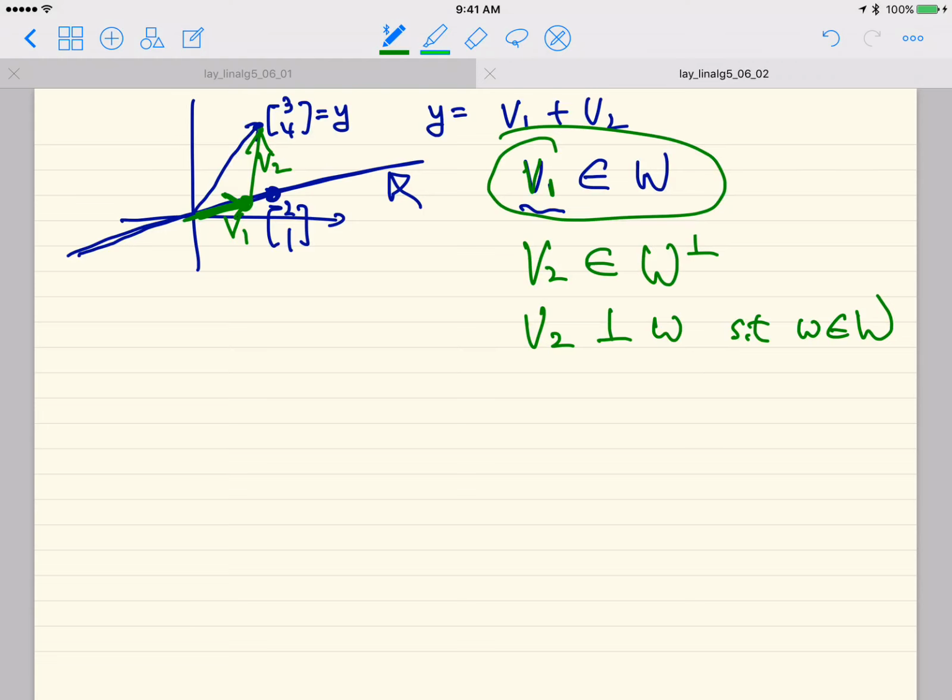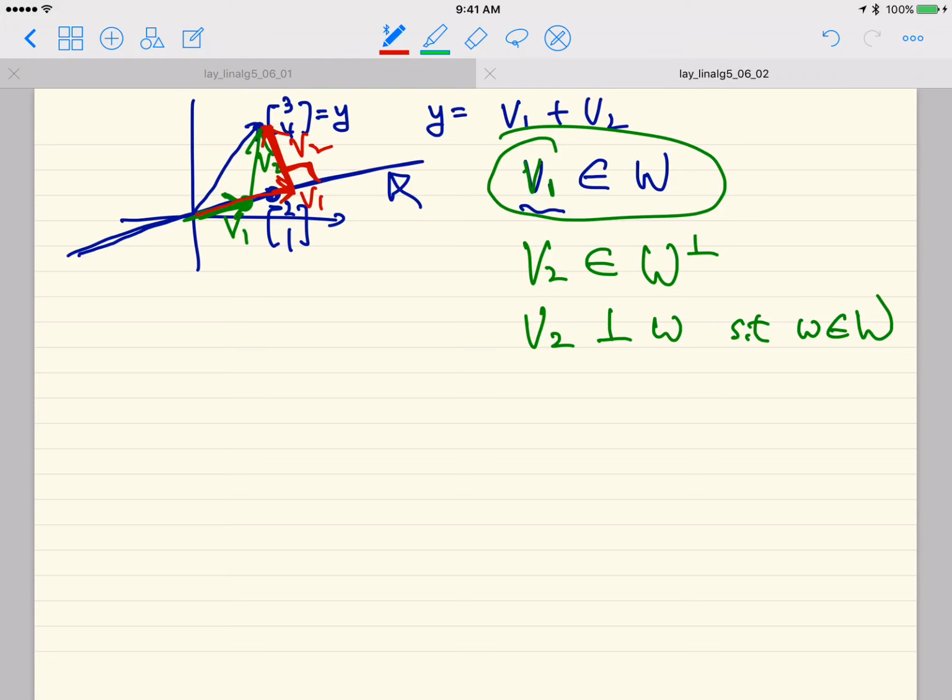And then intuitively that vector will become this: this is v1, and this is v2, and v2 and v1 are orthogonal to each other.